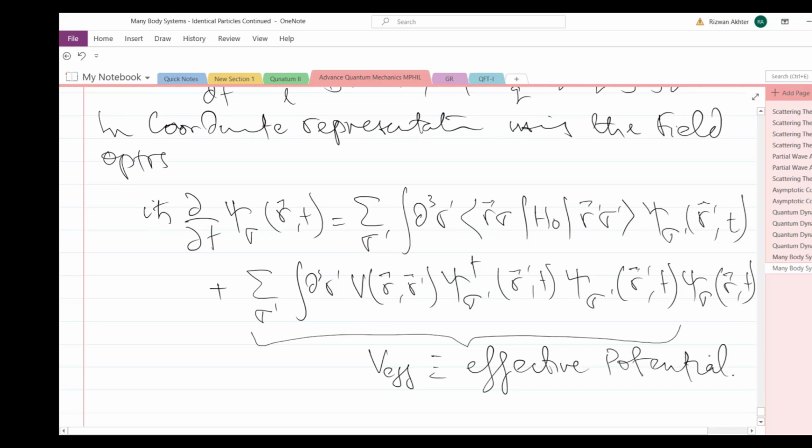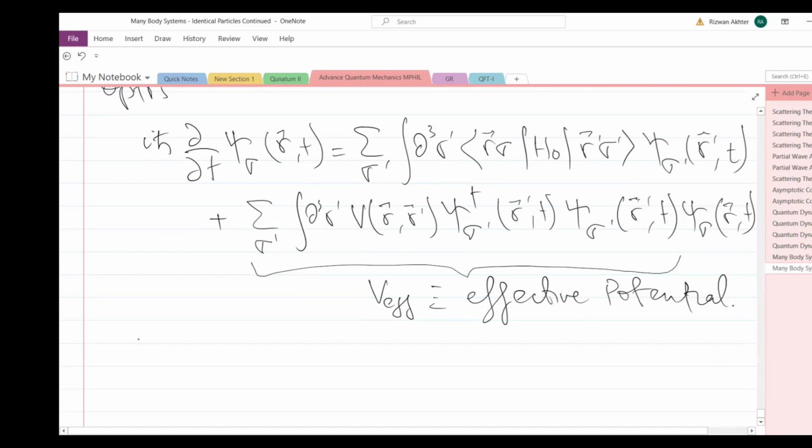And here V of r and r prime is basically a usual two body interaction.